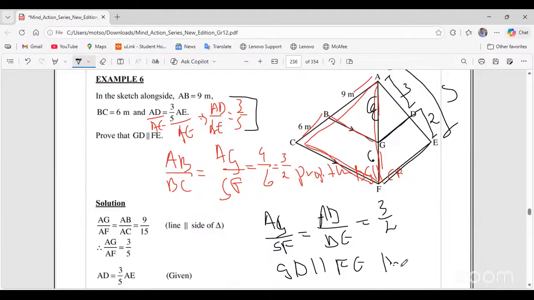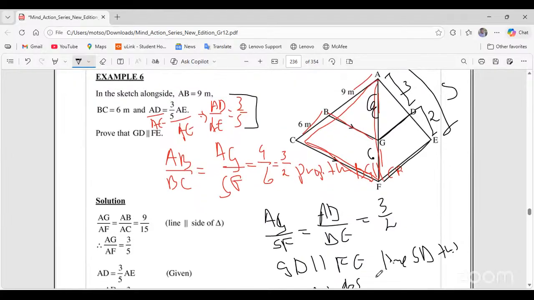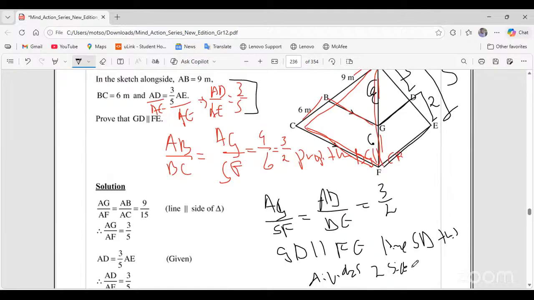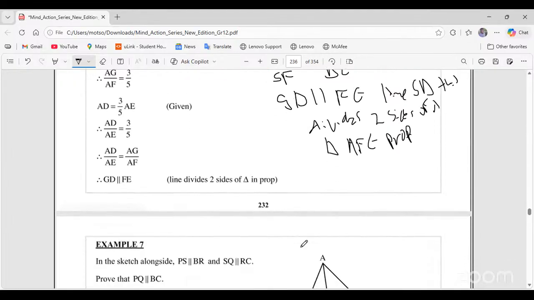Because there is a line right there, GD, that divides two sides of triangle AFE proportionally. Then you are done. You have proved that these lines are parallel. I hope this makes sense to you guys. Then let's move to the next part.